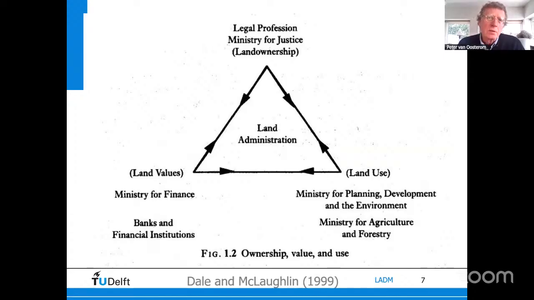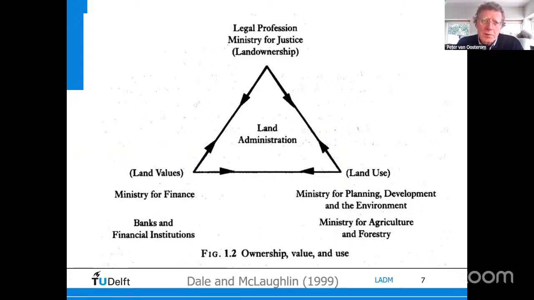And it's considered a legal aspect or a legal profession, legal discipline. In the lower left corner, we have the focus on the land values. And for example, in the Netherlands, this was the reason why the cadastre was introduced, say 180 years ago, because land value is important to know. Land implies buildings and natural resources.